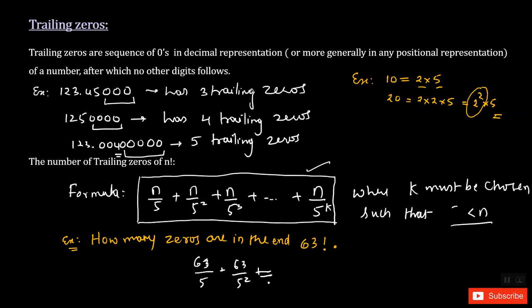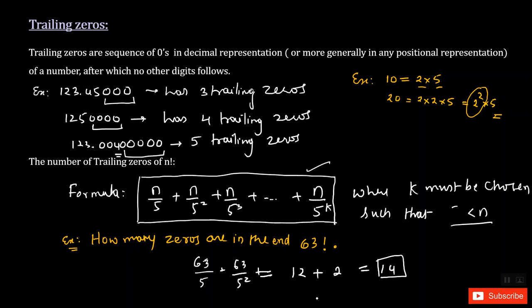It's as good as 60 divided by 5, which is 12, as we are ignoring the decimal part, plus 63 divided by 25. 25 times 2 is 50, 25 times 3 is 75, so it is exceeding. So the total is 14. There are 14 trailing zeros in 63 factorial. So this is how we calculate, right?